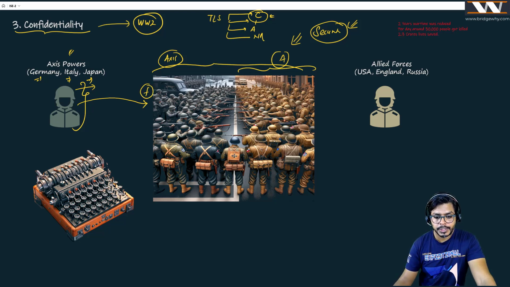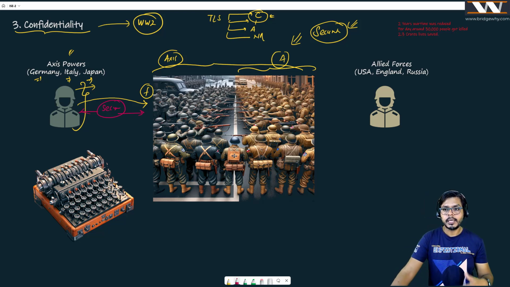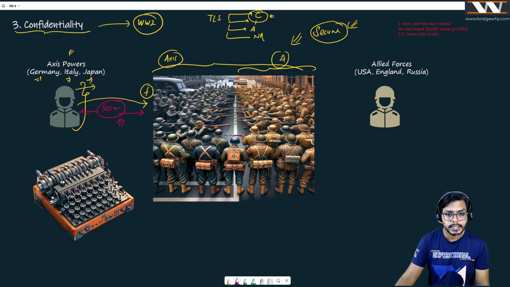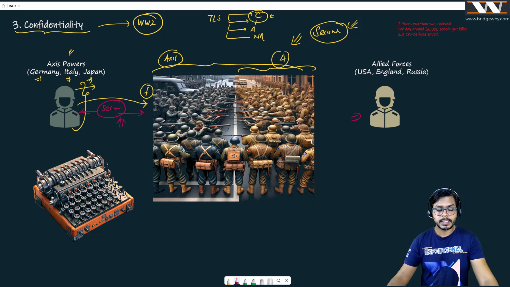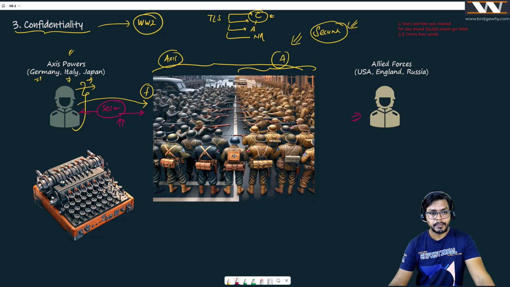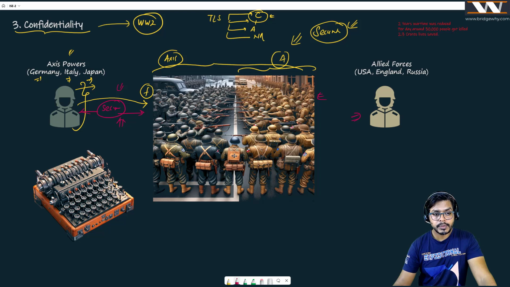And this communication should be absolutely secure. Why? Because if the other party can decrypt or take this information, they will know the strategy of the other side. So if the Allied forces came to know about these messages, then they could plan well, right? So the security of these messages was really, really important.